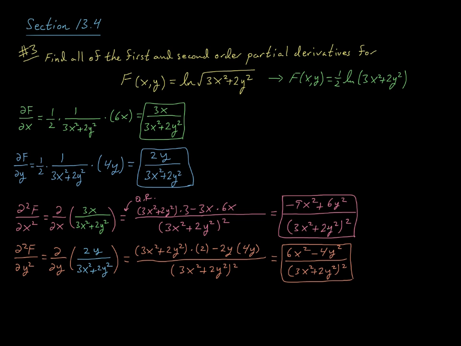Okay, and so then lastly, we need to compute the mixed partials, right? And one benefit here of Clairaut's theorem is that we actually just need to compute either the xy or the yx. They're going to be the same because this function is, well, sufficiently nice. Again, you really don't have to worry about that.